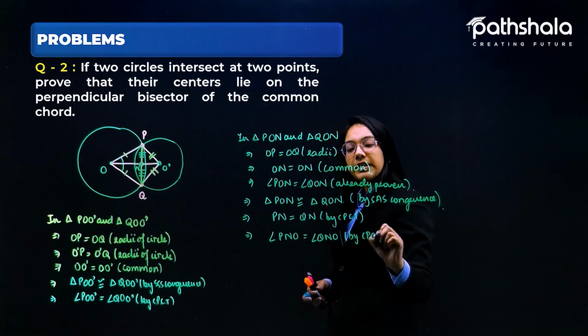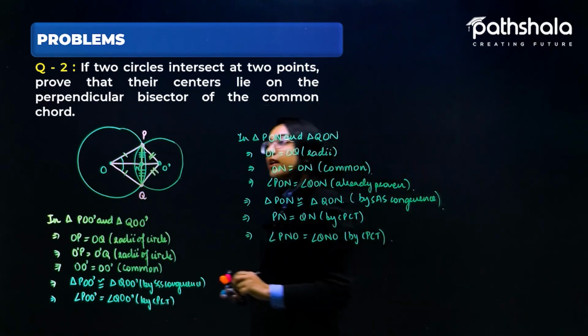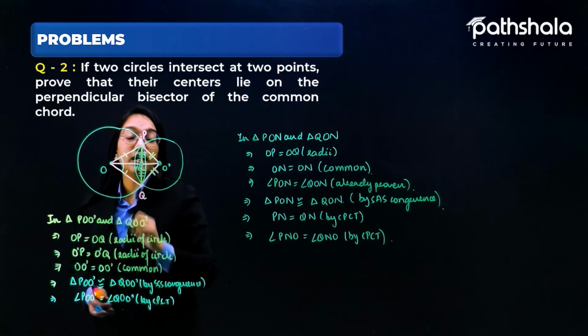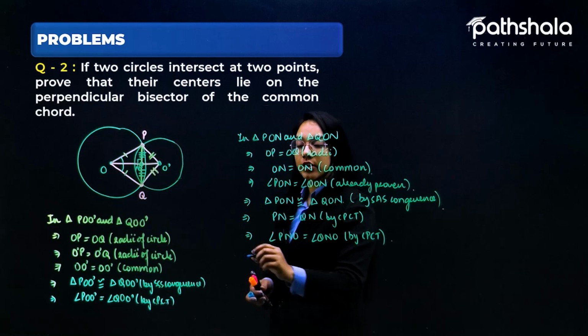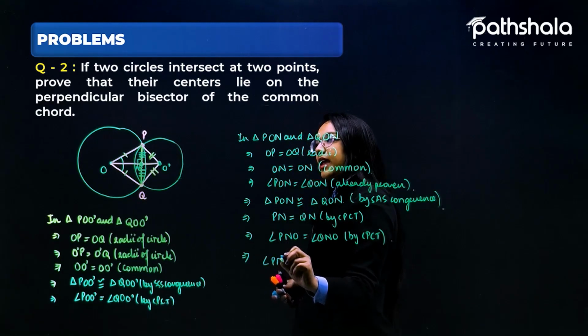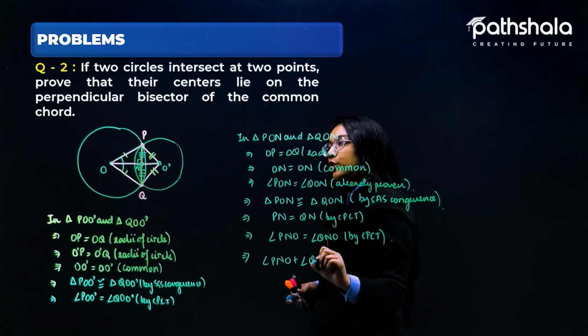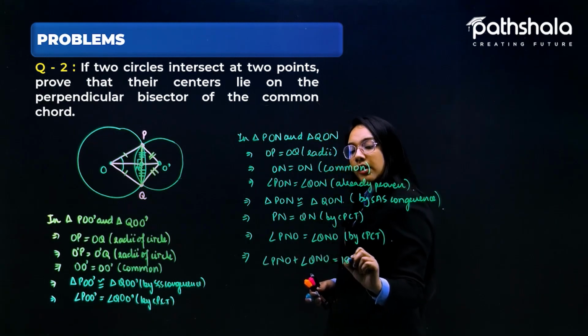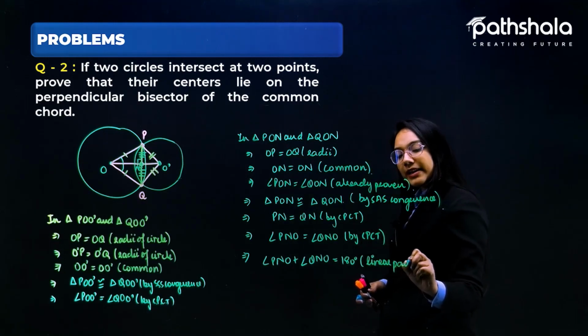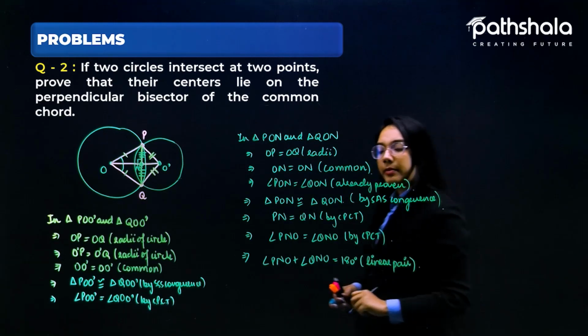Furthermore, the angle PNO plus the angle QNO forms an angle of 180 degrees by the linear pair axiom.